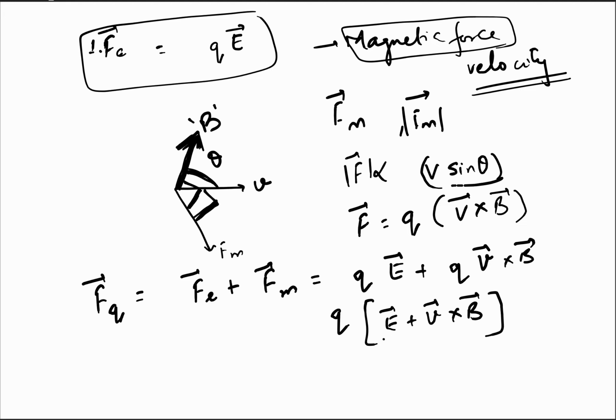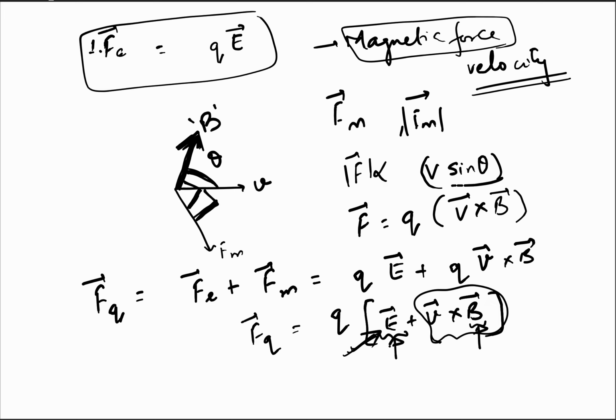So you can clearly see that every point in space, as far as electromagnetics is concerned, is characterized by these two field quantities, the electric field and the magnetic field, and they give us the force on the charge. If the charge is moving, only then will there be this magnetic force, as well as, of course, the electric force if there is an electric field at that point.